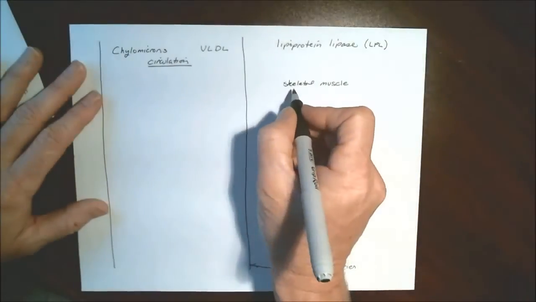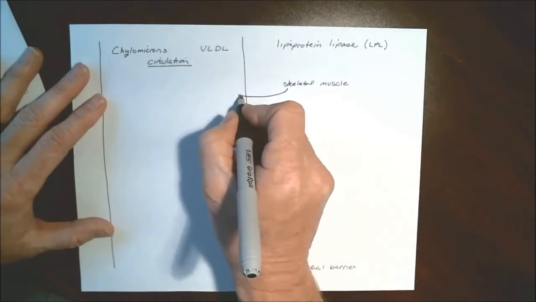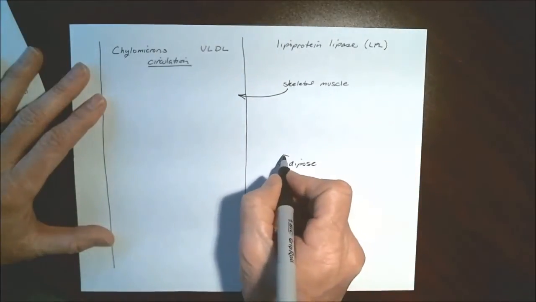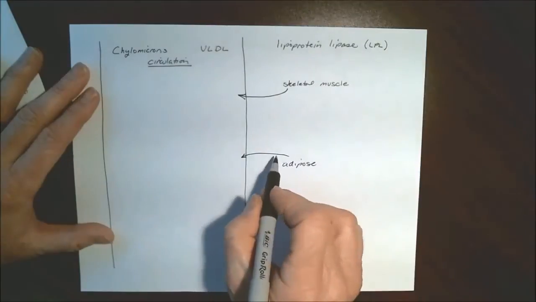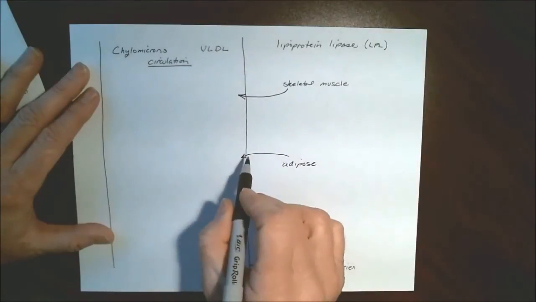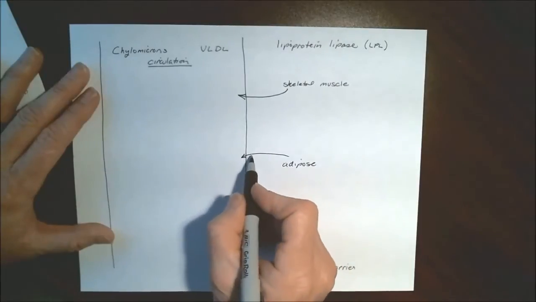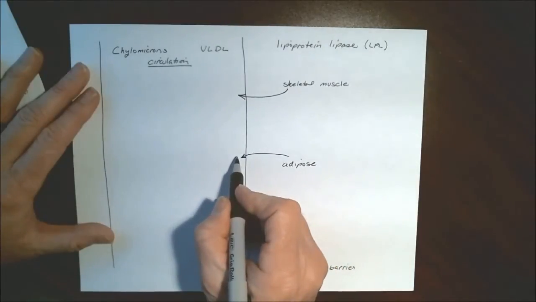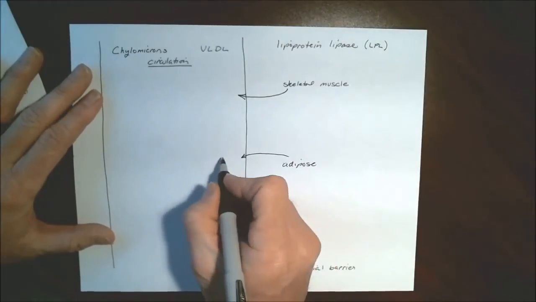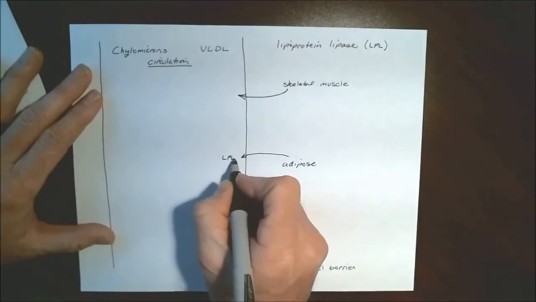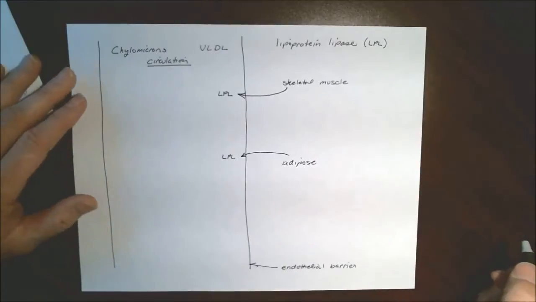The LPL is synthesized by skeletal muscle and by adipose tissue, and it's transported across the endothelial barrier by a process called transcytosis, which goes from the abluminal side to the luminal side of the endothelial cells. And this LPL is now exposed to the chylomicrons and VLDL so that it has access to do the lipase activity.